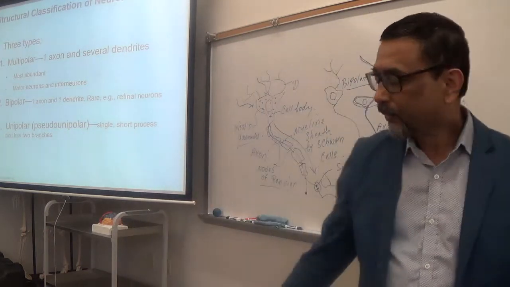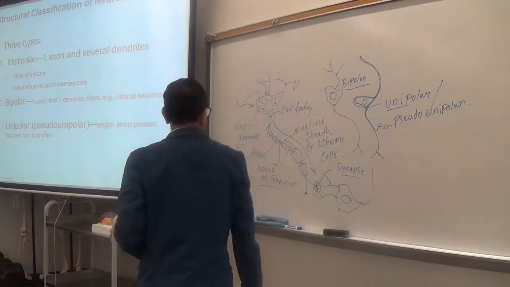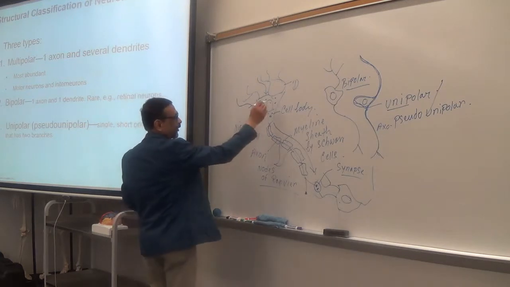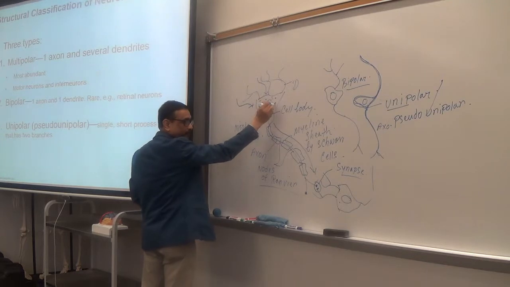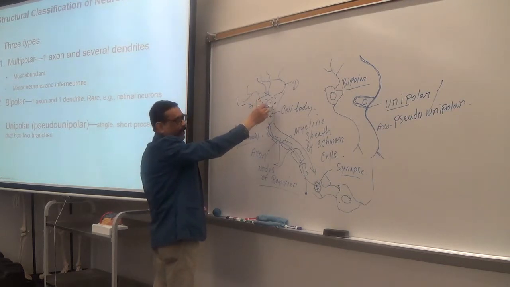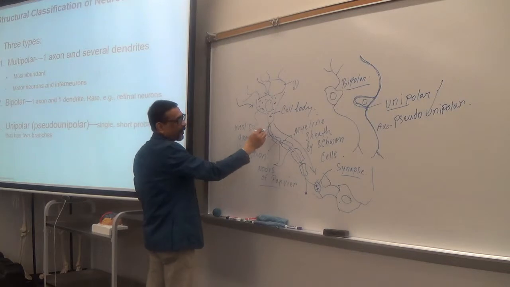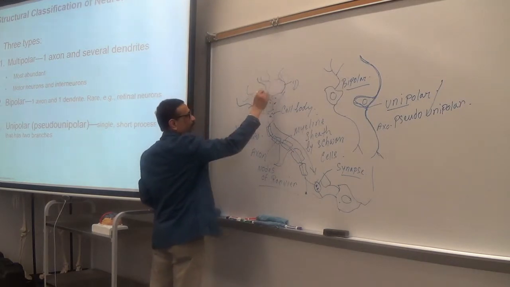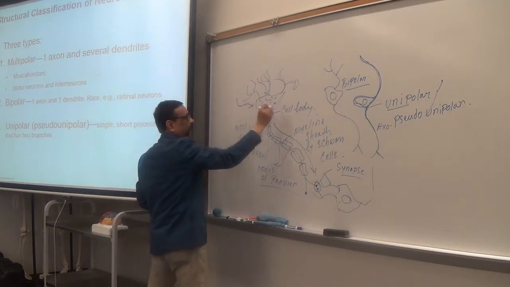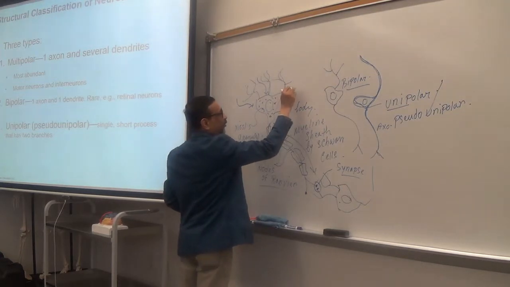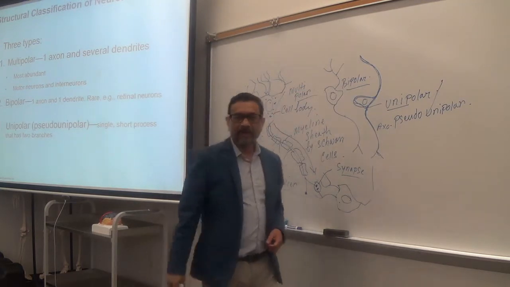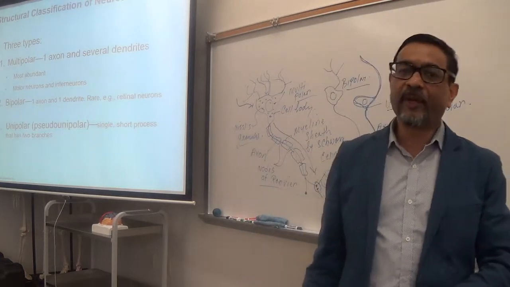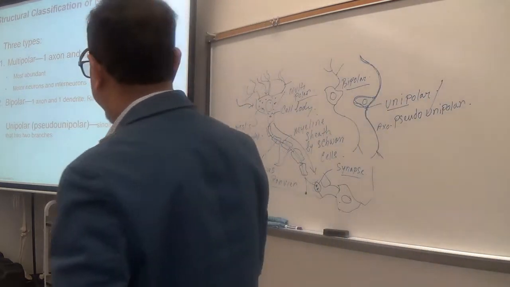And most of the neurons are multipolar. That's why I drew this one. This is the most abundant type of neuron. Multipolar means one axon and multiple dendrites. That's why this is called a multipolar neuron. A typical neuron is multipolar.